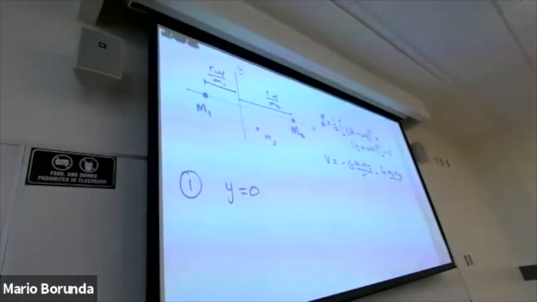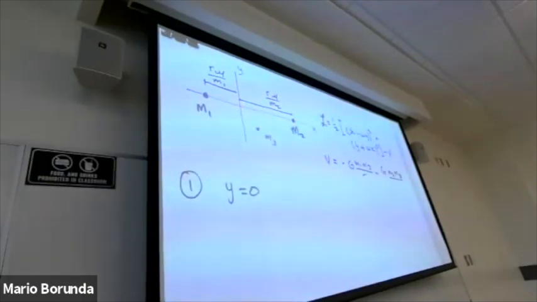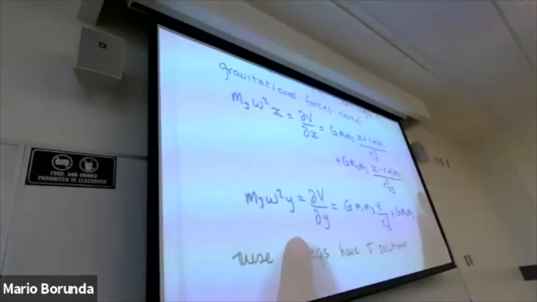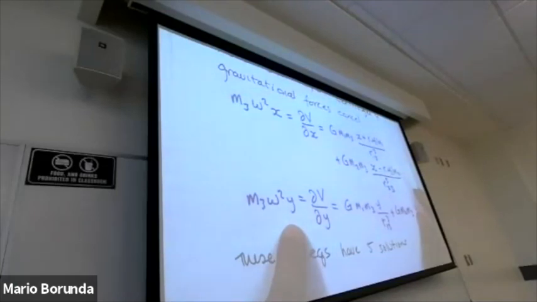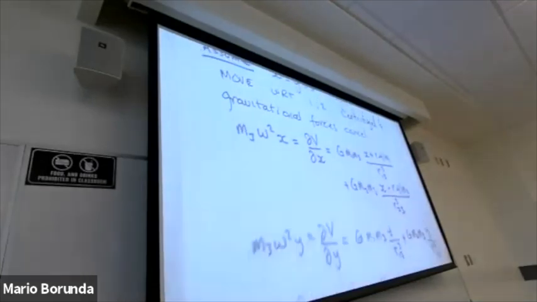So if y is equal to 0, that means that our third object is on this line, right? And remember, y is equal to 0. So we have to solve this equation over here and do some algebra with it.